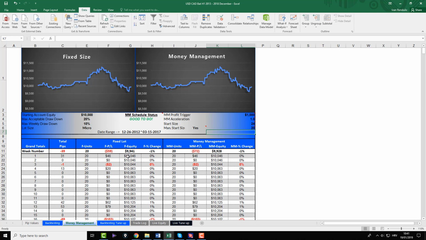I would end up in a loss of 1%, so I would be down around 60 bucks because I started with $10,000. A lot of people would look at this and say, this is not a good strategy to trade, but I didn't end up here, nor should you, because you have to tune up your backtesting results.